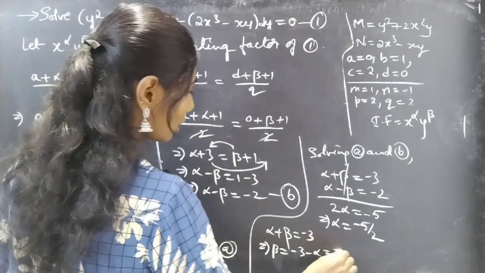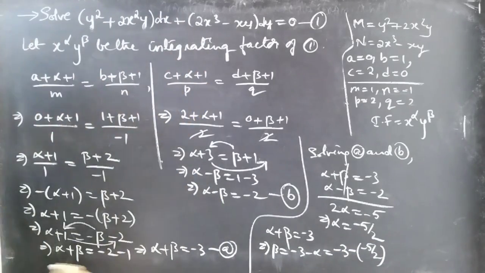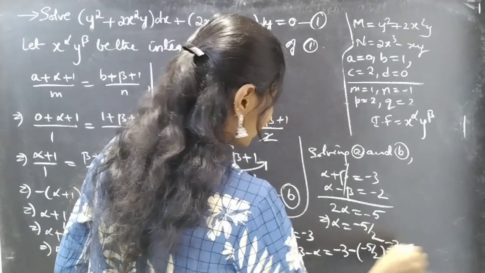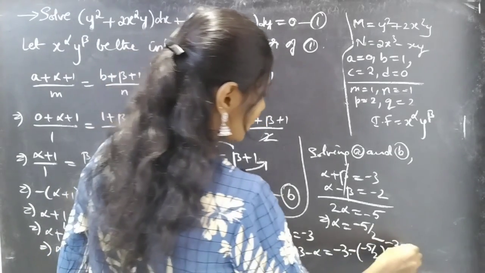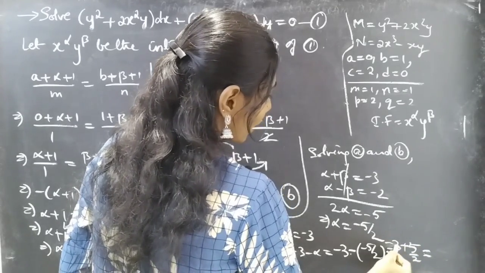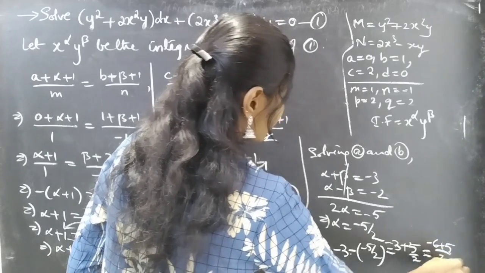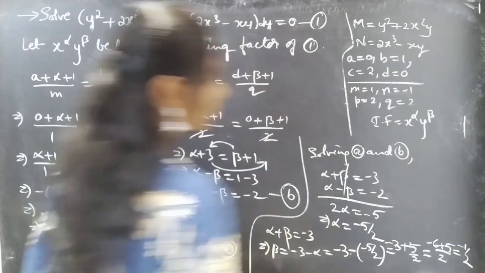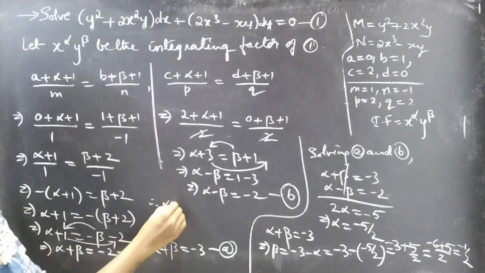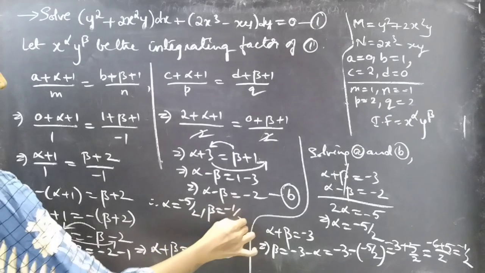Now substitute alpha here, you'll get minus 3 minus of minus 5 by 2, which gives us minus 3 plus 5 by 2, which is minus 6 plus 5 by 2, which is minus 1 by 2, right? Therefore alpha equal to minus 5 by 2 and beta equal to minus 1 by 2.